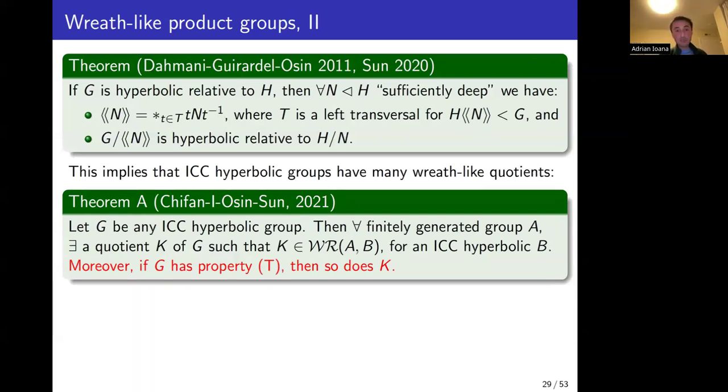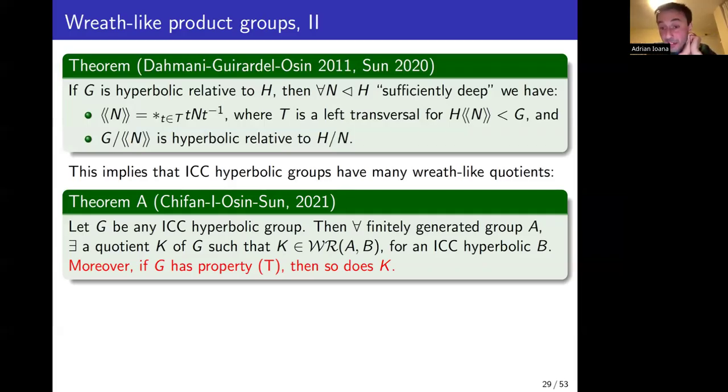So this implies, with a bit of work, that ICC hyperbolic groups have a lot of wreath-like quotients. This is one of the theorems that we proved a few years ago. Take G to be any ICC hyperbolic group, for instance a torsion-free hyperbolic group.